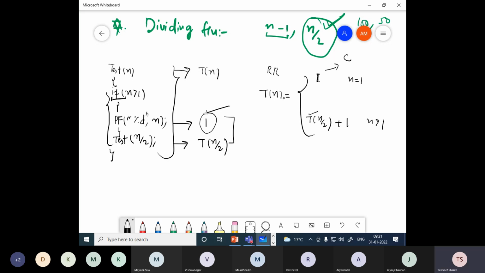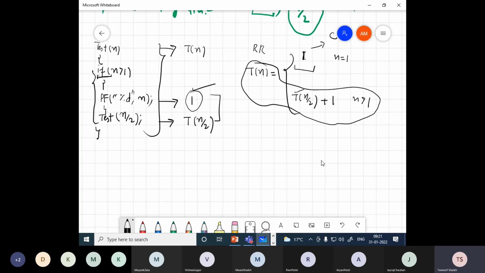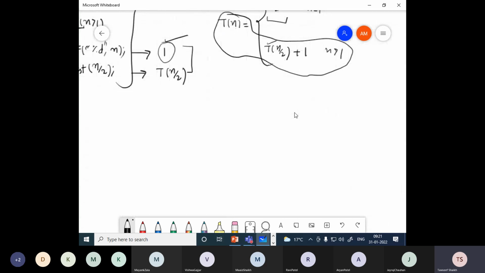If we see the two conditions, in the first one there is no T. So what we have to do is solve this part of the recurrence. And that is what we mean by saying that we are solving the recurrence relation. So we will write it down here again, the part which we have to solve, that is T of n is equal to T of n by 2 plus 1.